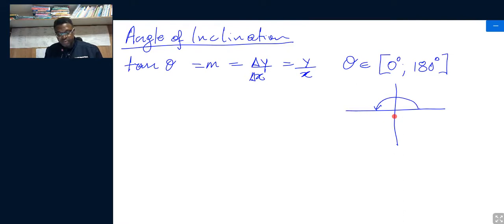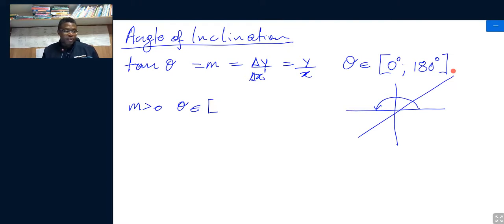We may have two conditions here, whereby the gradient is greater than 0. What if the gradient is greater than 0? We say theta is the element, so a gradient greater than 0 means we have a line with a positive gradient.